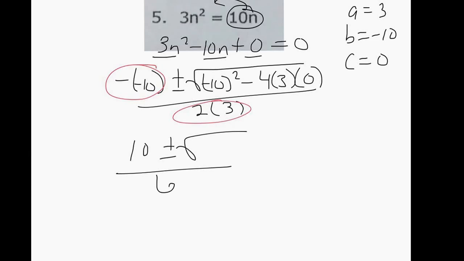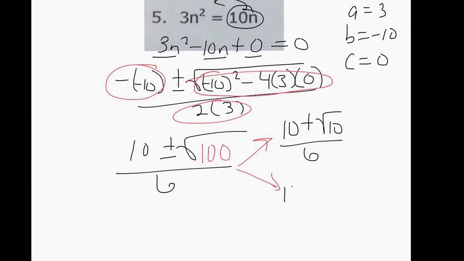So I'm going to enter this part into my calculator. Negative 10 squared minus 4 times 3 times 0. 100 into there. Sorry. I'm going to split this up. 10 plus the square root of 10 divided by 6. 10 minus the square root of 10 divided by 6.